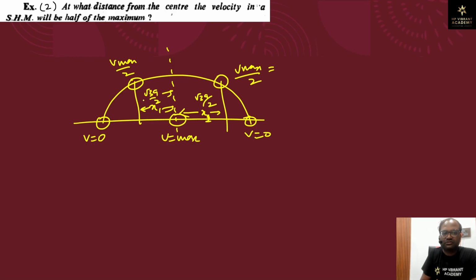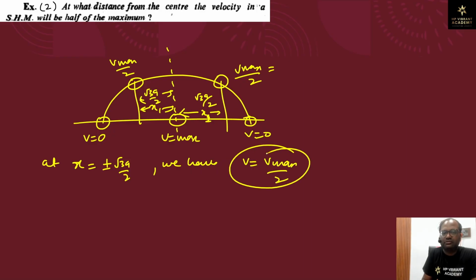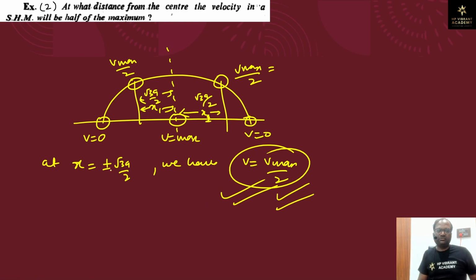As simple as that. So at x is equal to plus minus root 3a upon 2, we have v equal to v max upon 2. What is being asked in the question is, at what distance from the center the velocity in SHM will be half of its maximum value. This we have seen: x is equal to plus minus root 3a upon 2.